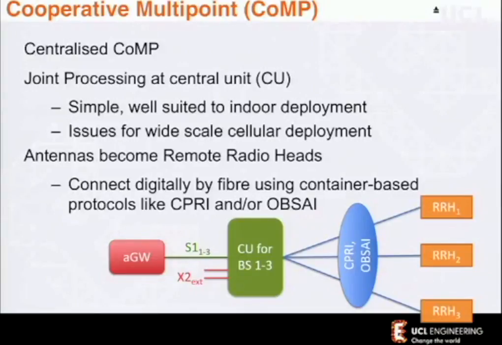And it calls for what very quickly becomes quite high data rate communications between these cell sites to swap waveform information about those two received signals to co-process, as well as the control and coordination that is needed to make that happen. And so actually Gerhard Fettweis in Dresden has done some field study trials of cooperative multipoint already.